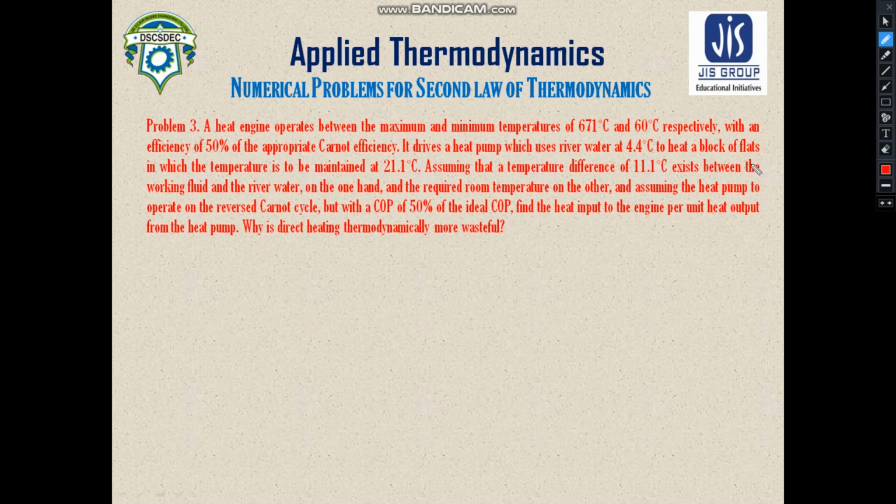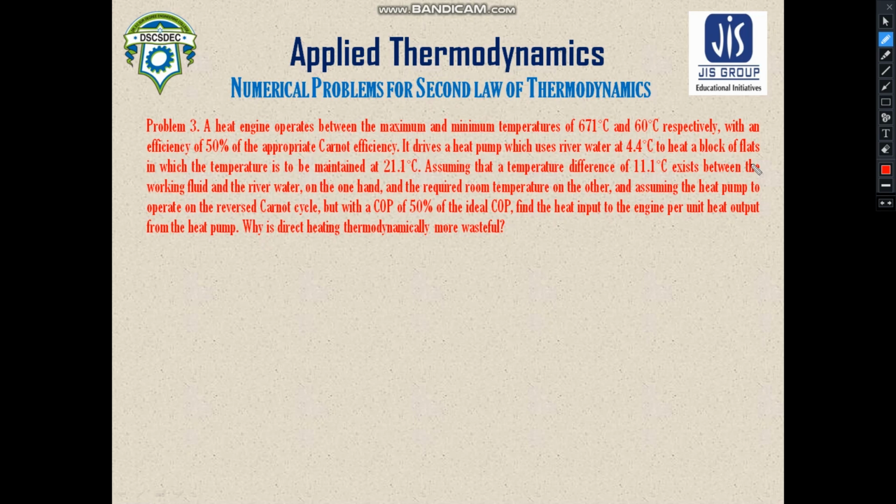Okay, so it drives a heat pump which uses river water at 4.4 degrees Celsius to heat a block of flats in which the temperature is to be maintained at 21.1 degrees Celsius.